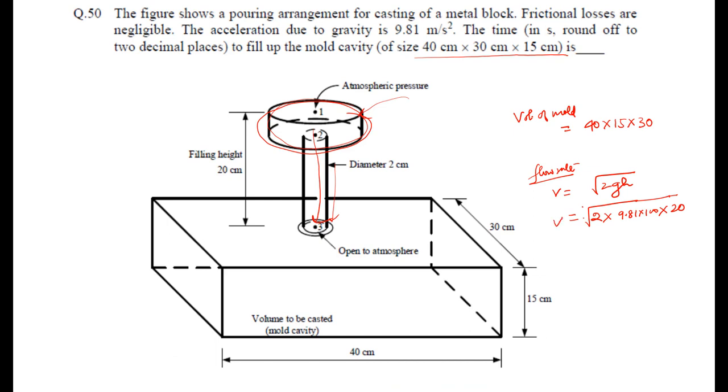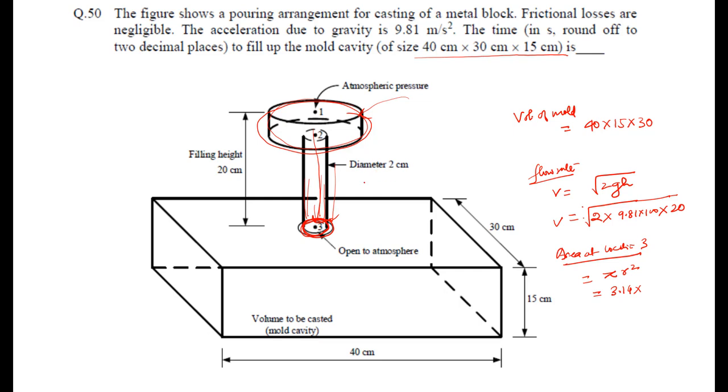Now this complete liquid will pass through this area, right? So what will be the area here? Area at location 3, it will be pi r square, fine. So 3.14, what is the radius over here?